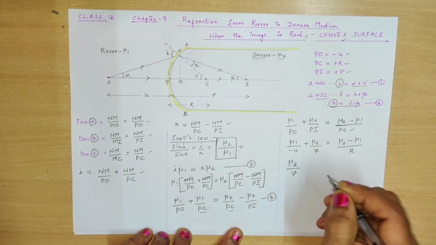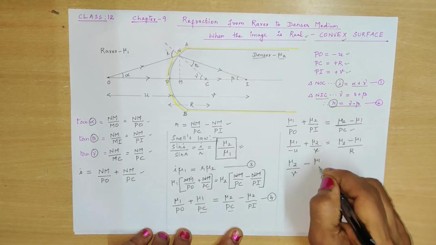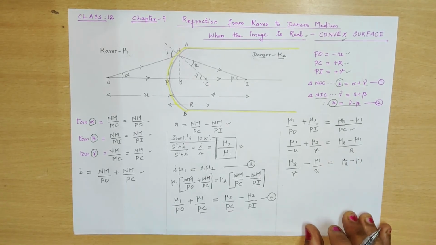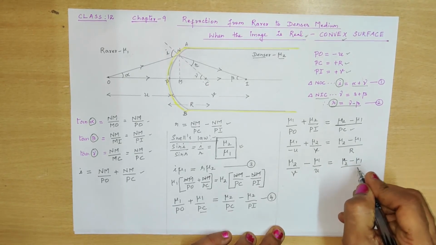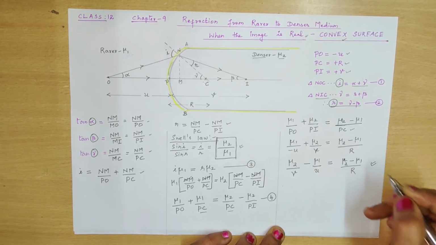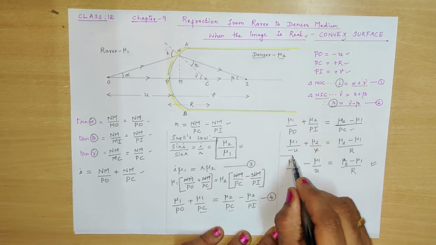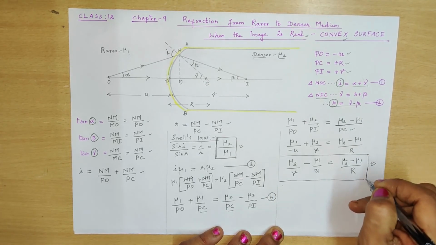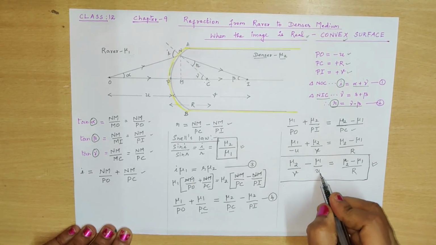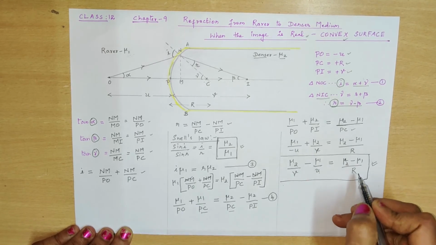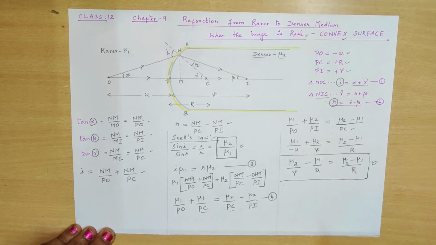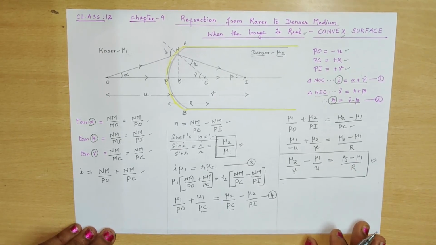Here mu2 by v minus mu1 by u, that is equal to mu2 minus mu1 upon capital R. So this is the expected relation, and this final expression explains the relation between object distance, image distance, the radius of curvature, and also the refractive indices of the two media.